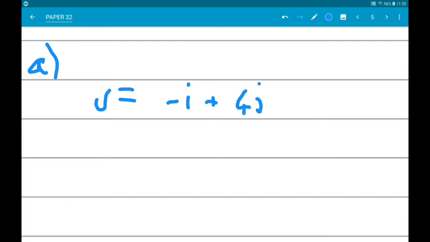So, what we can say, I guess, is that v is a scalar, so let's say k, lots of 3i minus 4j.